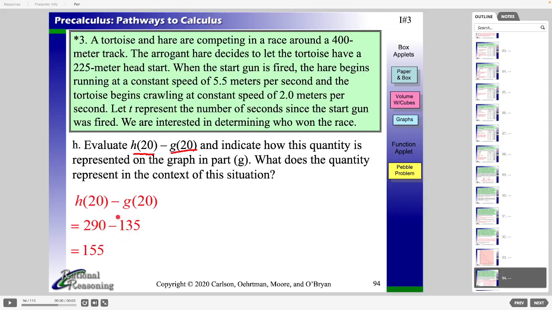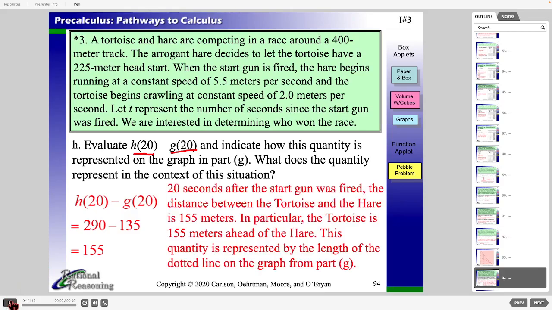We could use the formulas, but we see that the lead has shrunk down to 155 meters from the initial lead of 225. So the rabbit's catching up. That's 20 seconds after the start, and the lead has shrunk to only 155 meters.